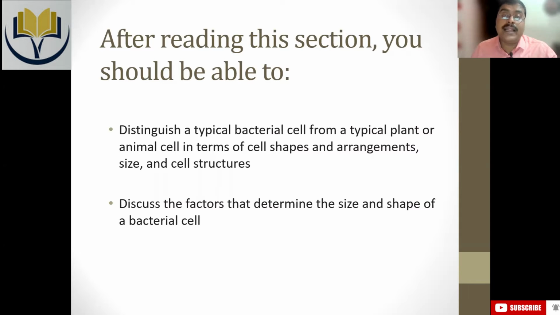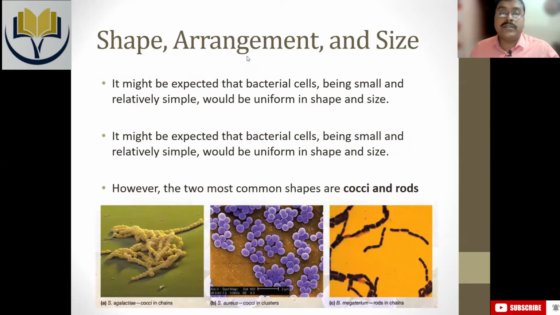Eukaryotic cells have several kinds of structures and specifications which are quite different, but in terms of size and basic structural arrangement, you will understand the difference between prokaryotic and eukaryotic cells after the completion of this lecture. And second, there are several factors which can determine bacterial shape and size. Let's start our discussion.